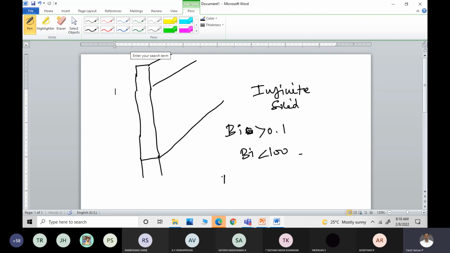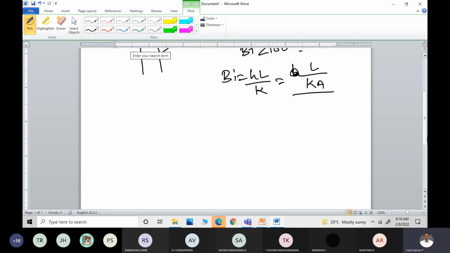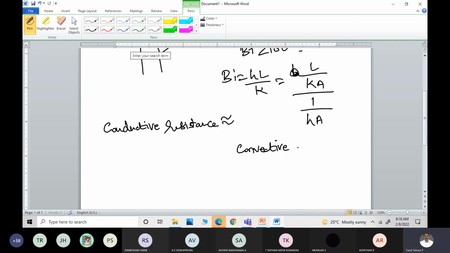In this case, the Biot number equals hL by k, or we know, (L by kA) divided by (1 by hA). That is the usual definition. Here the conductive resistance will be approximately equal to the convective resistance. All of you are able to understand this, students?